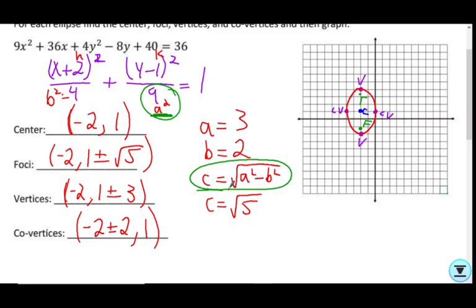And this equation makes sense if you think about it, because a squared is always the bigger one. There's a reason. It's so that when you find c, you never get a negative number. Because if a squared was smaller than b squared, then you'd get a negative number under the radical, and you can't do that. So that's part of the reason. Okay? All right.